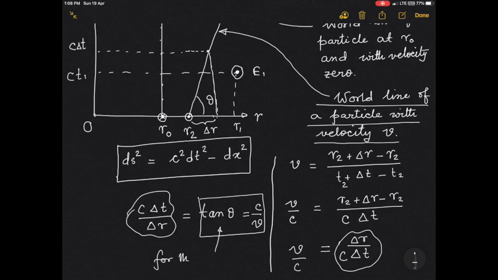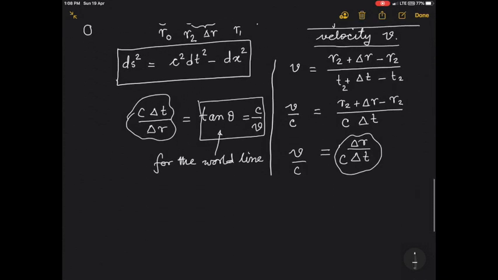So for the world line of a particle with speed, and this is a constant speed v, of course, for this discussion.